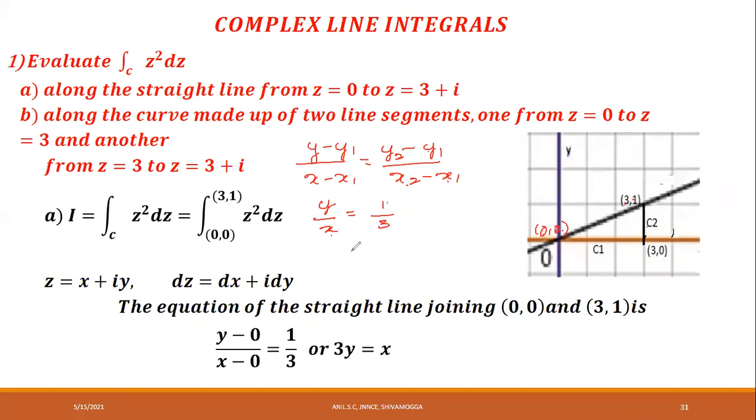Therefore, x into 1 is x, equal to 3 into y, which is 3y. So x = 3y. This is the equation along which we integrate. Since x = 3y, dx = 3 dy.